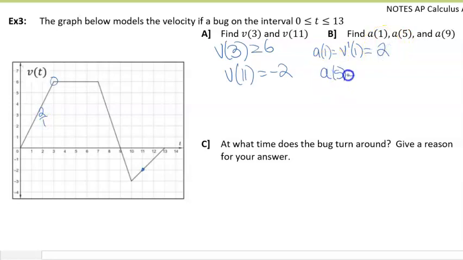A of 5 is v prime of 5, so the slope at 5, that slope is 0. And a of 9 is v prime of 9. Looks like it's negative 3 over 1, or just negative 3.